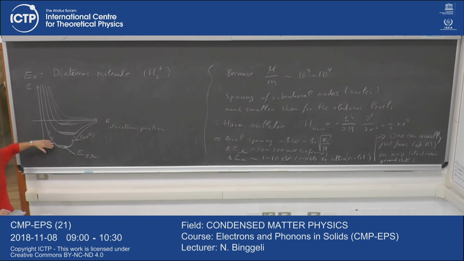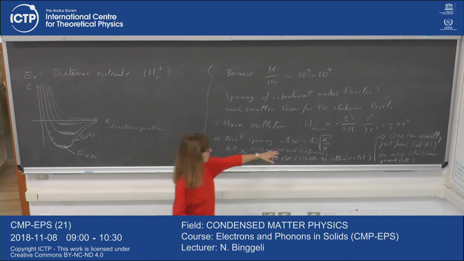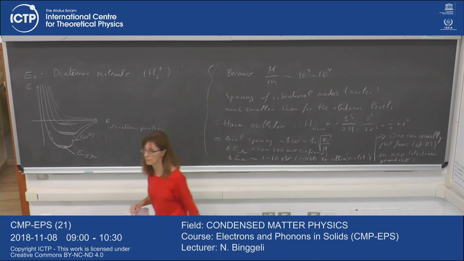Of course, if one goes to something less parabolic, here one has a constant level spacing, but at higher eigenvalues the spacing will become a little bit different. Qualitatively, for sure, for the lowest state, one can expect a spacing that is given like this.